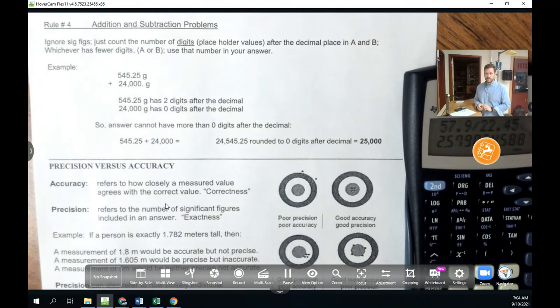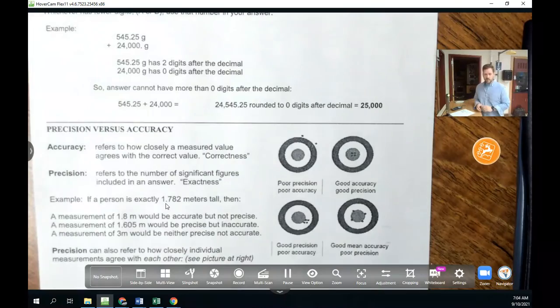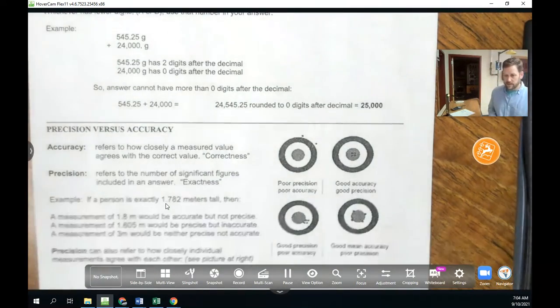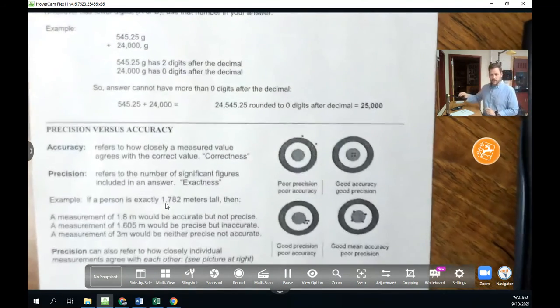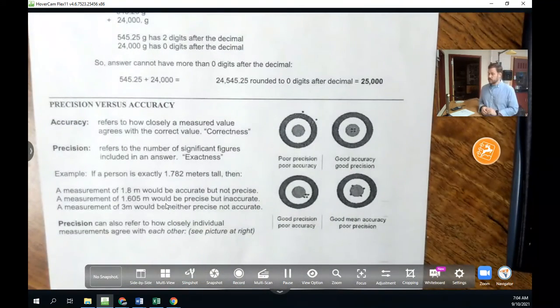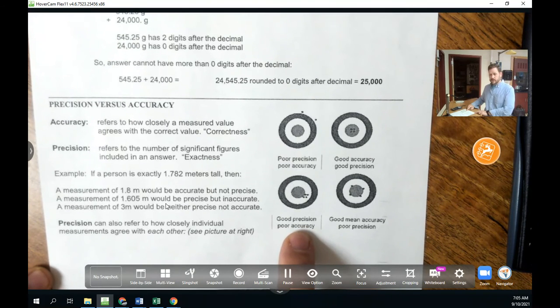Last but not least, I want to mention that the words accuracy and precision, while we've defined them as correctness and exactness, the word precision can also refer to how closely clustered a set of measurements are together. So for instance, the greatest example here is this one in the bottom left. That would be considered inaccurate but highly precise, right?